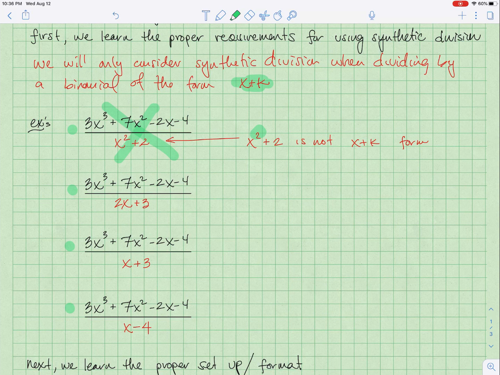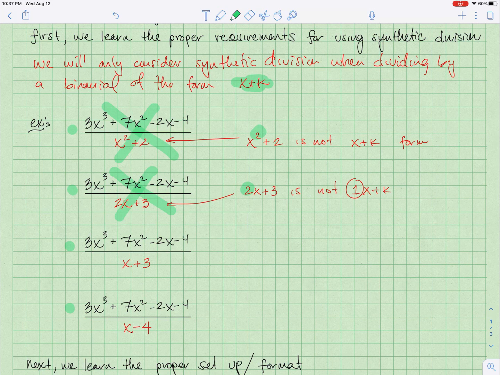So we wouldn't use synthetic division here. In the next case, we also wouldn't use synthetic division because our denominator, 2x plus 3, is not x plus k. Specifically, it's not got a 1 out in front. So that leading coefficient on our divisor needs to be 1 as well.